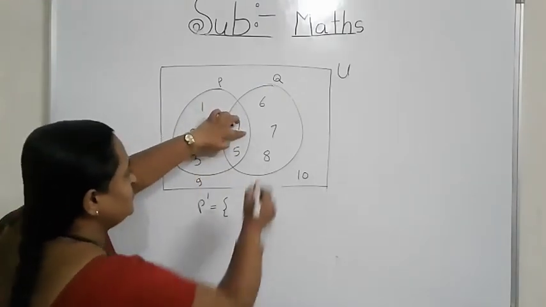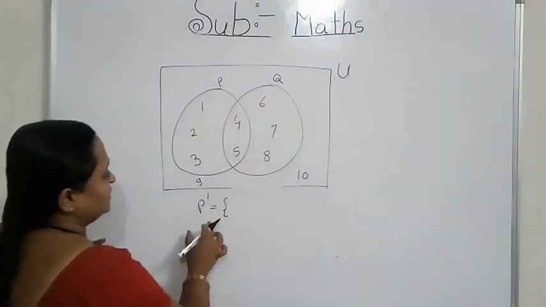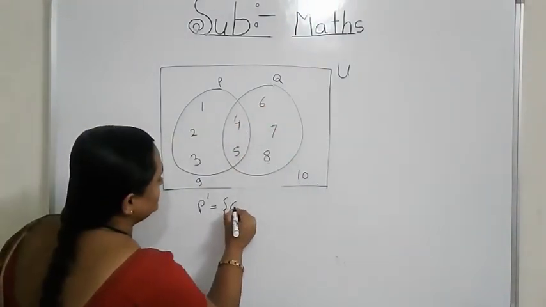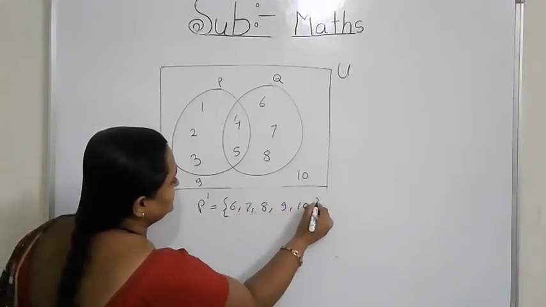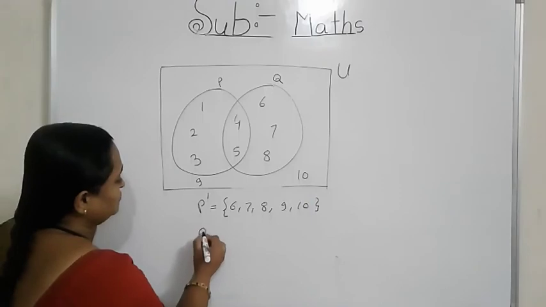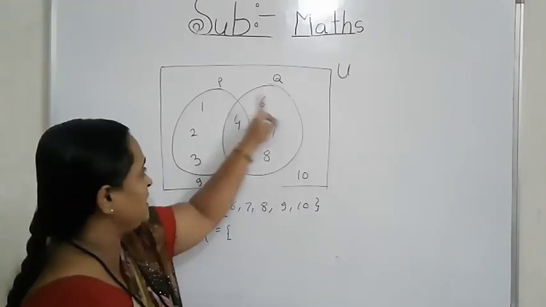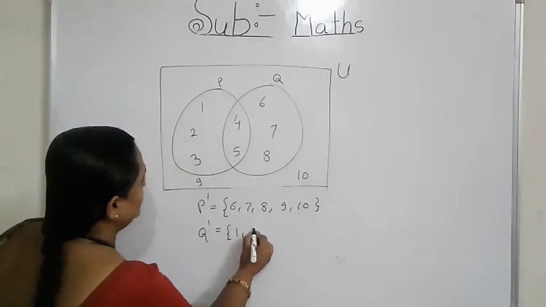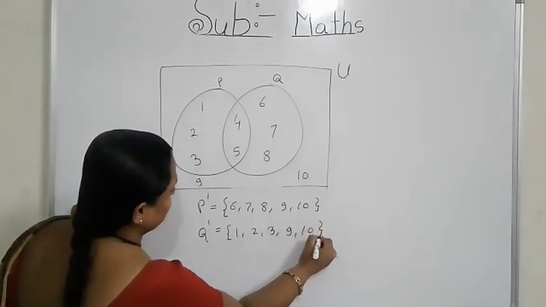The remaining elements are 6, 7, 8, 9, 10. So complement of P is 6, 7, 8, 9, 10. Now next we have to find the complement of Q. Leave the Q set elements, and the remaining elements are 1, 2, 3, 9 and 10.